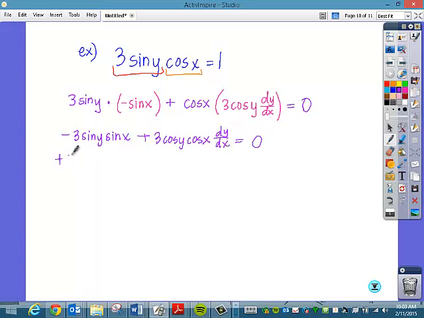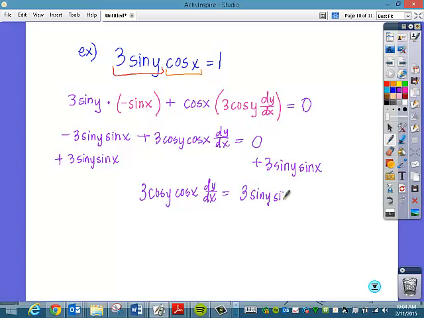So I'm going to add 3 sine of y sine of x to both sides, leaving me with 3 cosine y cosine x dy dx equals 3 sine of y sine of x. So now I'm going to divide by 3 cosine y cosine x in order to isolate my dy dx.